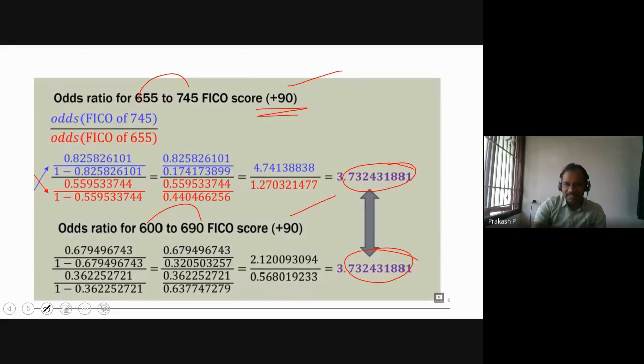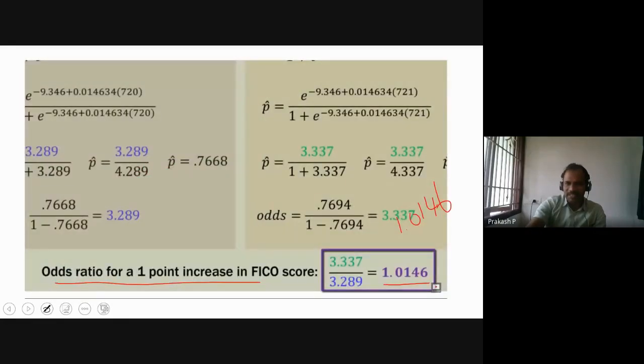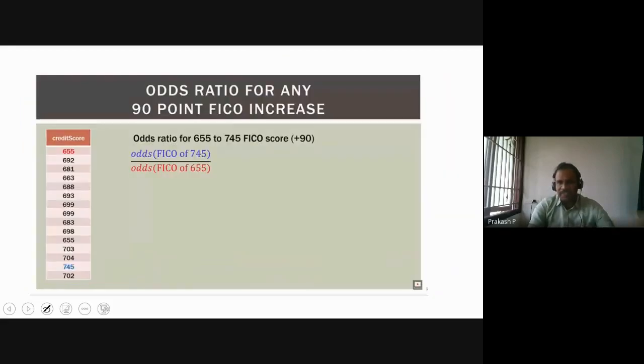If you look at an odds ratio of 1, there is a possibility of 100. There is a 1% increase in chance. A 1.4% odds ratio is getting increased, so you may get a loan from the bank if your score is increased by 1.